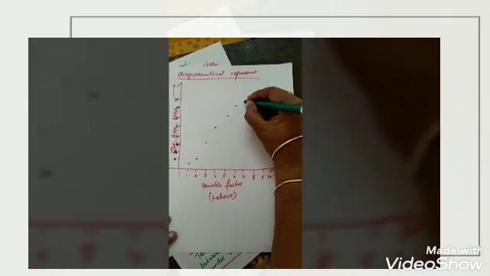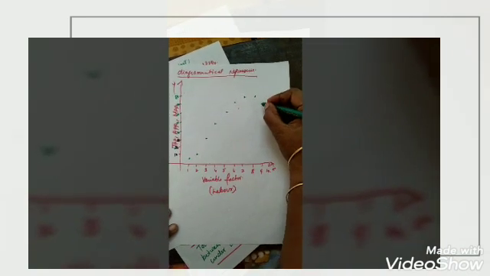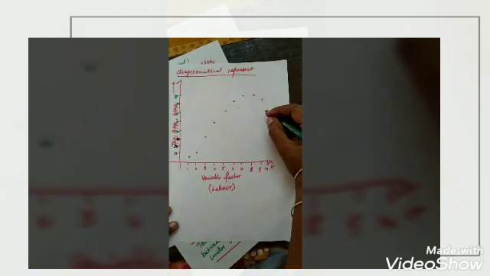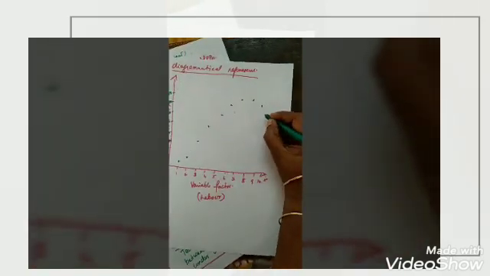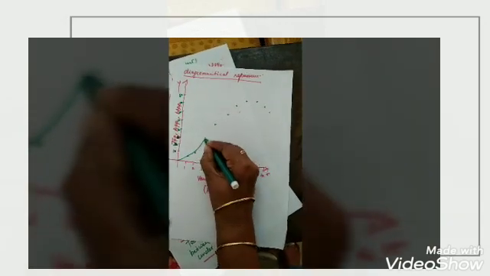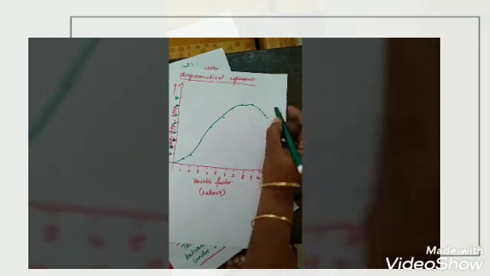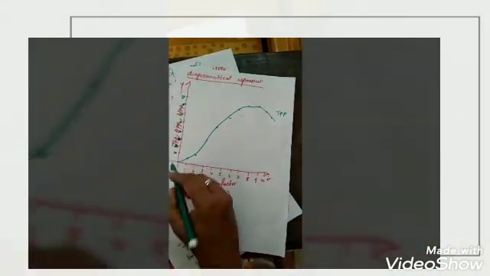Then the seventh labor, it is 74. Then eighth labor also 74. Ninth labor, it comes down to 70. Then tenth labor, it is 62. Okay, combine all the points together. This is TPP.